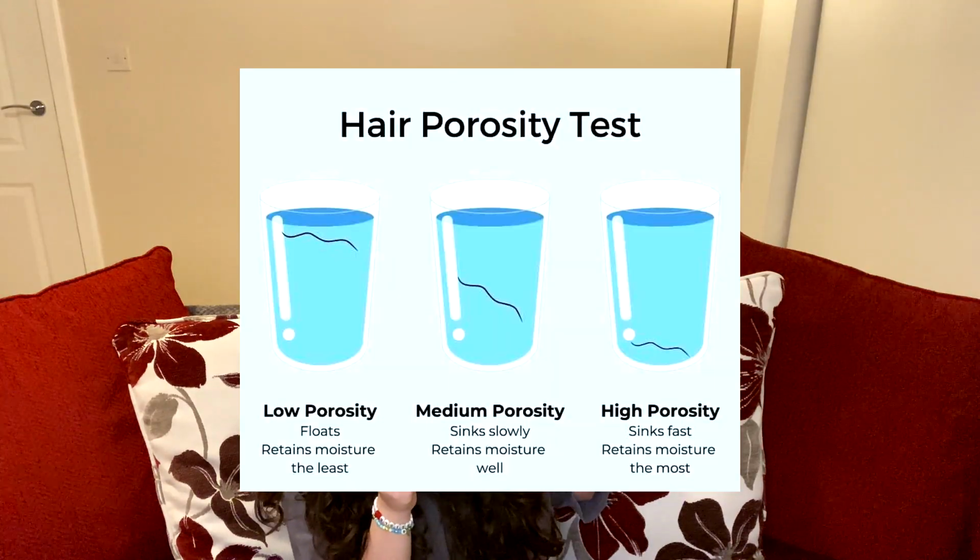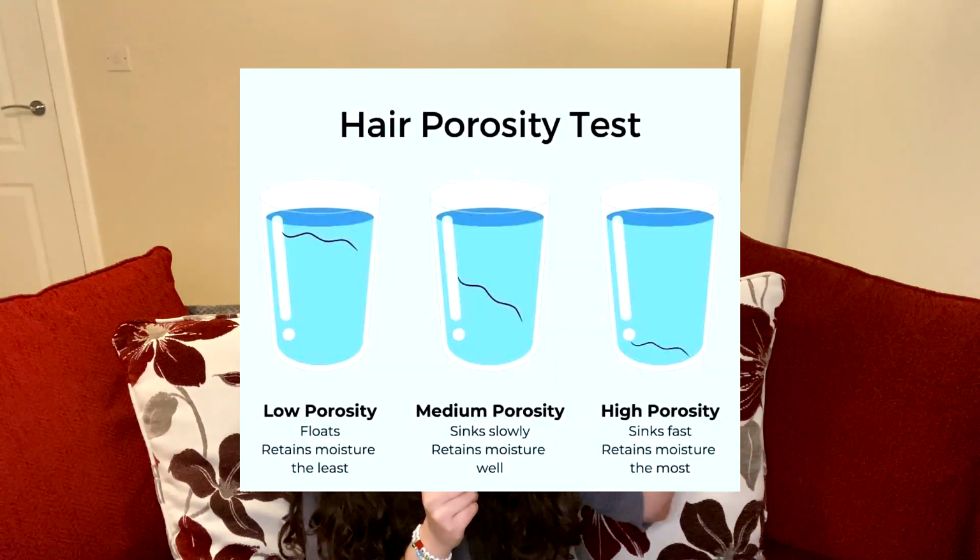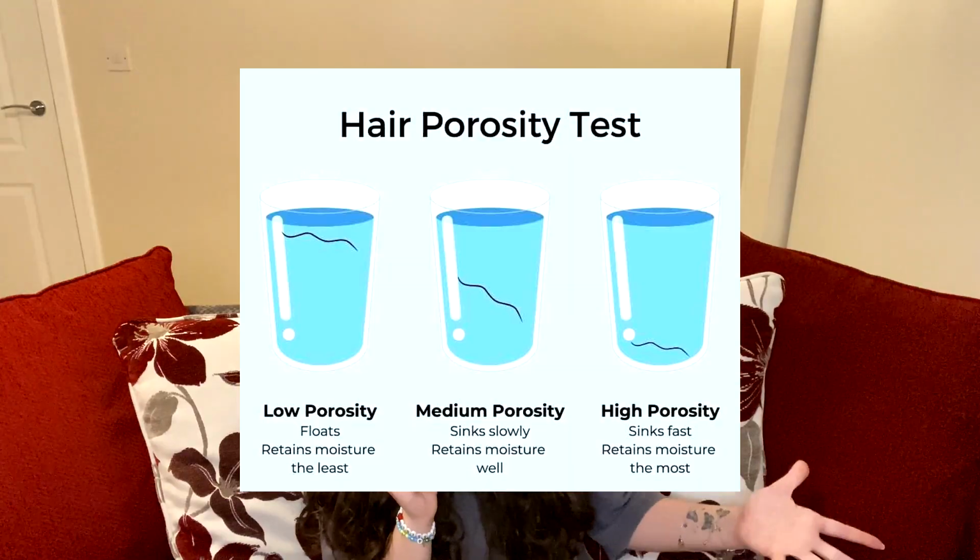In conclusion, there are multiple tests that you can do to check your hair porosity. There are literally so many. The main one is the water in a cup test, to put your hair in it and see if it sinks or floats. I'll put an image to demonstrate that.